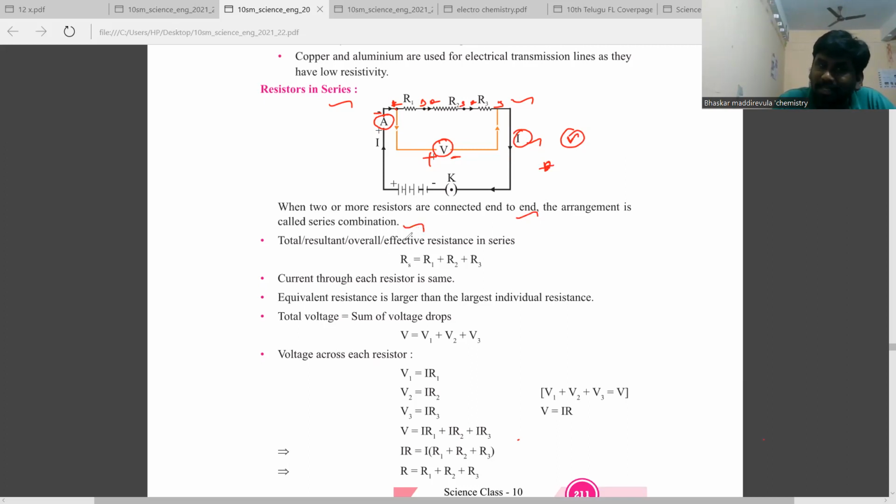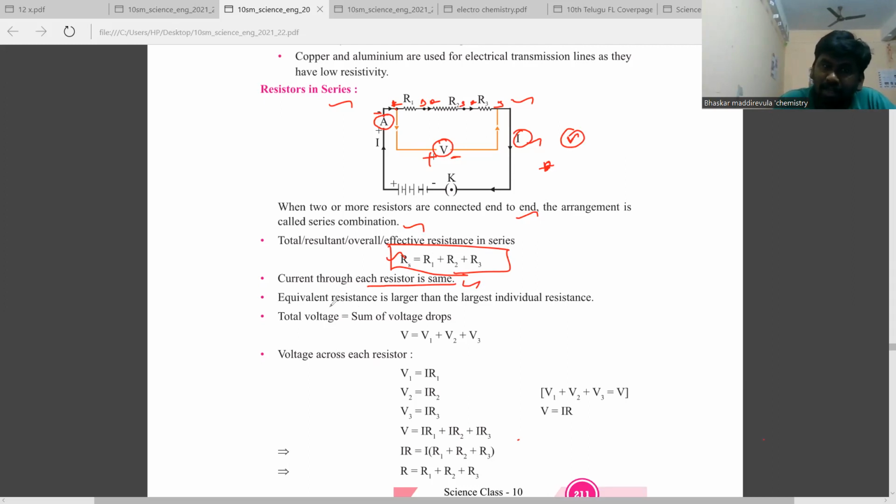In that case, the resultant resistance equals R1 plus R2 plus R3. The current passing through each resistor is always the same.